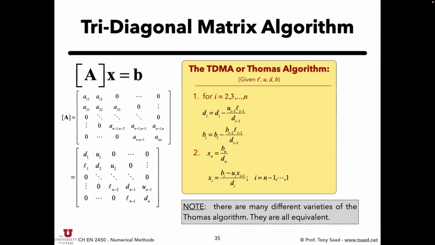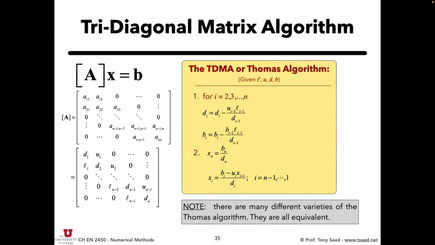You take each entry in Di and you apply this formula. I'll show you in a minute how you can write this out for ease. You start at i equal 2 all the way to n. We're indexing from 1 over here. Then you say, the new D2 is equal to the old D2 minus U1 times L1 over D1.